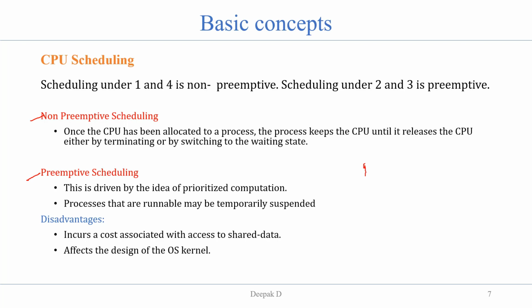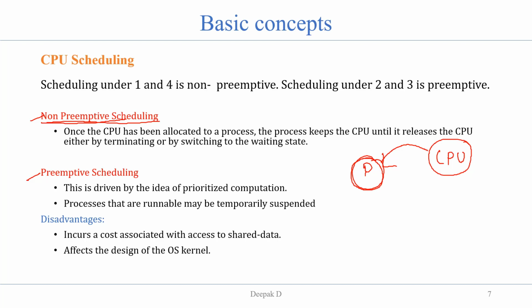Assume that you have a process and also you have a CPU. So the process wants to execute some task. In order to complete that, the process needs the CPU. So under non-preemptive scheduling, once the CPU has been allocated to the process, the process will keep the CPU until it completes its task.